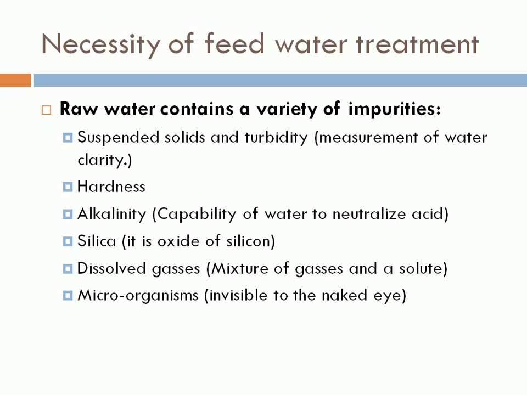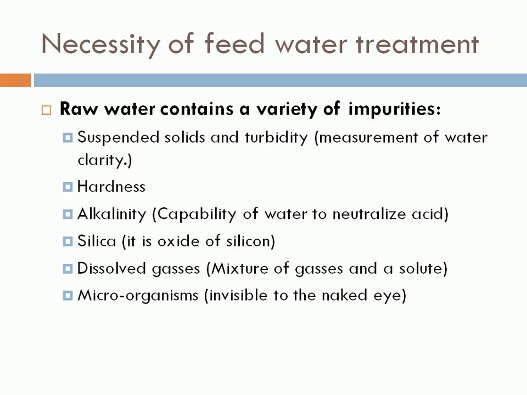Raw water contains a variety of impurities like suspended solids and turbidity, which is also known as a measurement of water clarity. Then hardness, hard water, is also one type of impurity in the water. Then alkalinity, that is the capability of the water to neutralize acid.